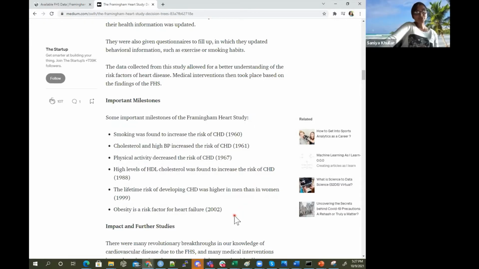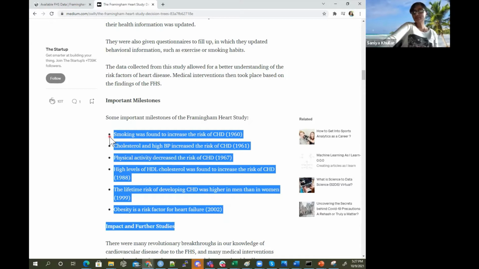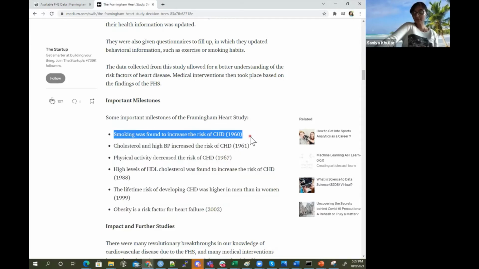Yes, thanks, Rex. You can see that back then, a lot of people were smoking. They didn't know that it was bad. These studies can show that smoking increases your risk of CHD. If 80% of the people who ended up getting coronary heart disease were smokers, then they can say that being a smoker increases your risk of coronary heart disease.